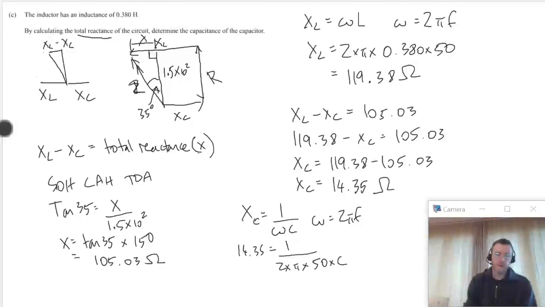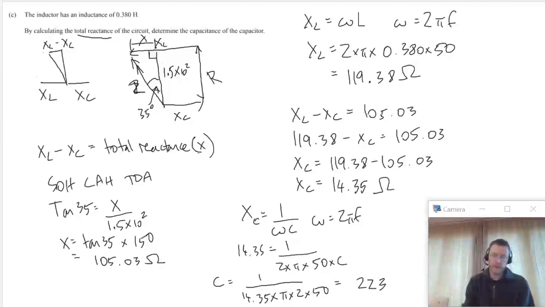We get C equals 1 divided by 14.35 times pi times 2, I just put that in the wrong order, times 50 equals, and we come up with a number of 223 microfarads, 10 to the minus 6. That's what a micro is, to 3 significant figures.